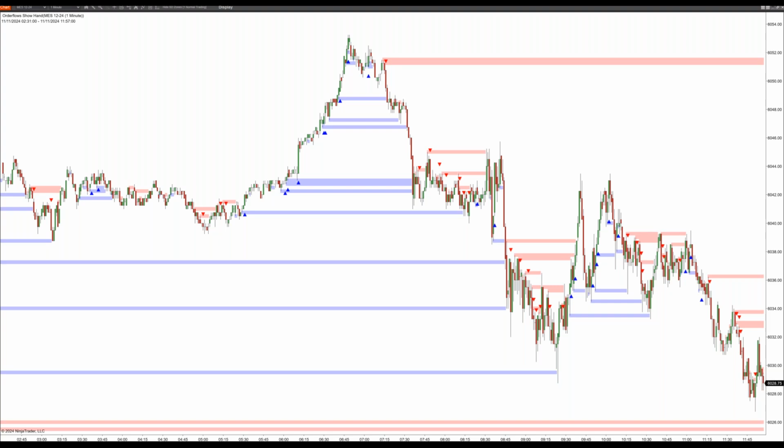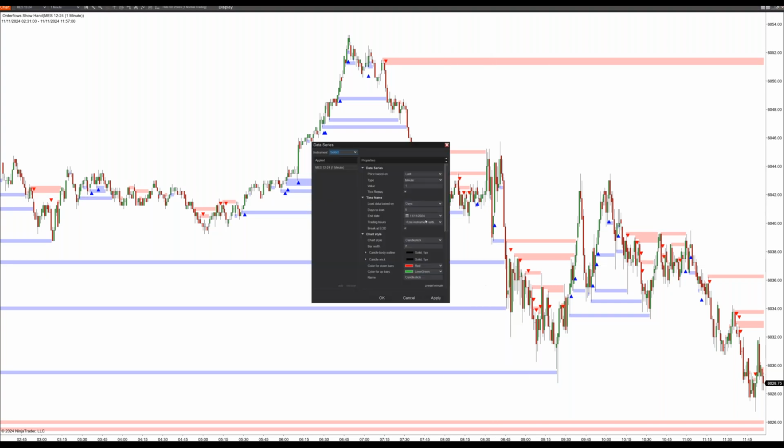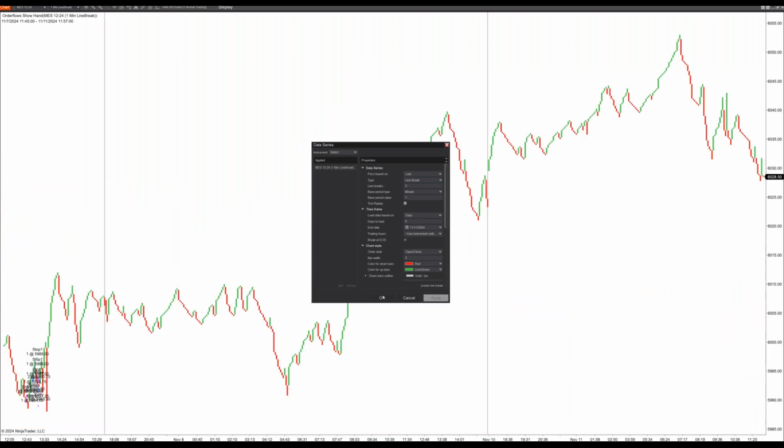Can you use the indicator on line break charts? I don't know. I have a line break here. Well, no, because you need tick replay. If you don't have tick replay, it won't work.